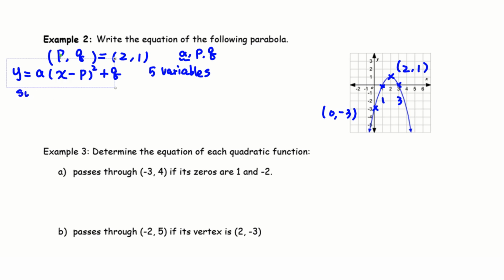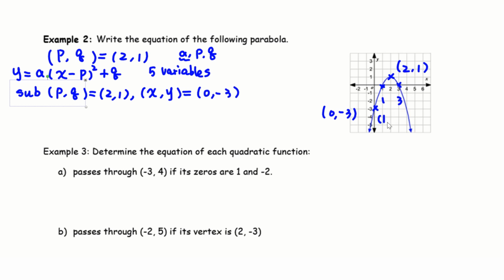So we are going to sub in (p, q) as (2, 1). Then for x and y, we can pick any point on the graph other than the vertex. So we could pick (0, -3), or you could pick (1, 0) or (3, 0).